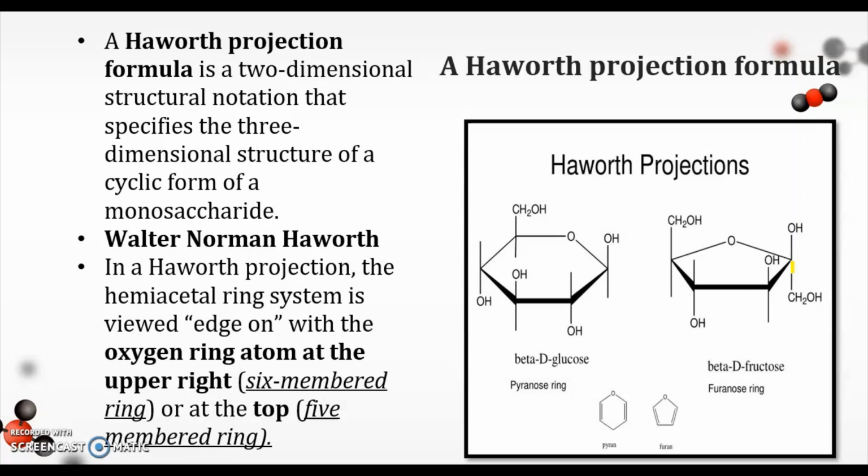The founder of the Haworth projection is Mr. Walter Norman Haworth. In a Haworth projection, the hemiacetal ring system is viewed edge-on, with the oxygen ring atom at the upper right for the 6-membered ring and at the top for the 5-membered ring. This will be the oxygen for the pyranose ring. And this will be the oxygen that is present in the furanose ring.